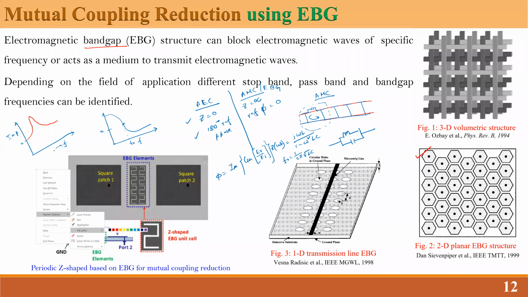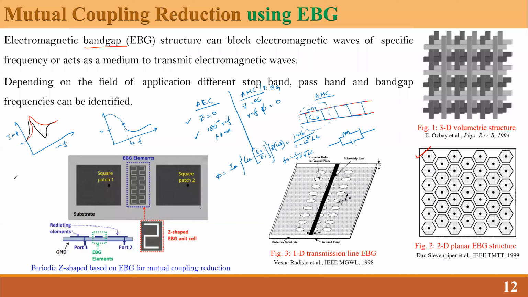Now here, one more thing I said: that can be a TM and that can be a TE, transverse electric, transverse magnetic. Always remember this. So first, you have to understand what the EBG is doing over here.